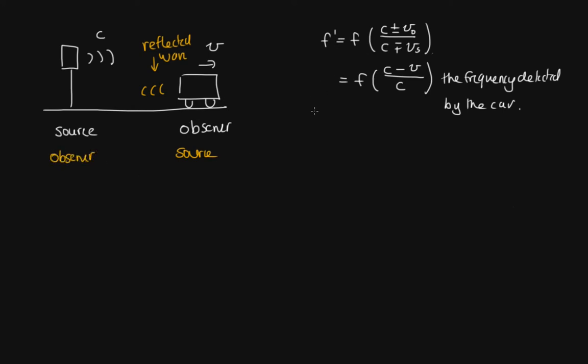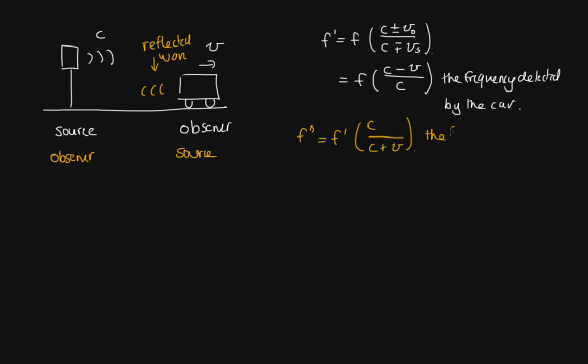So in this case, we use the same equation again. F, we'll call it f double dash, this is the frequency detected by the speed camera, is equal to the frequency emitted by the source, the car. And now in this case, the observer is stationary, so we've got nothing else after this c. The source is moving away from the speed camera, so we take the lower sign, which is the plus.